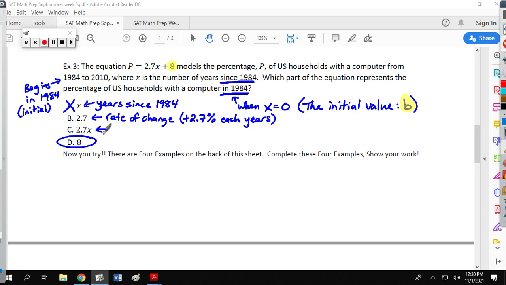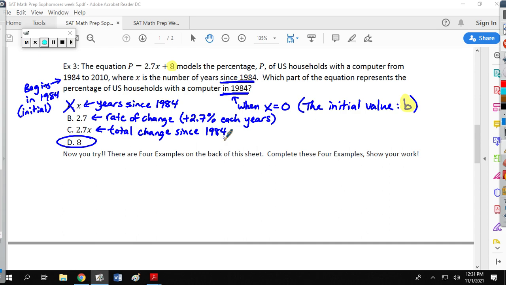And then 2.7 times x, this is something you don't normally see, would be the total change since the year 1984. So if we looked at what it looks like in 1994, we could plug 10 in for x, and that would be the percentage change since 1984.